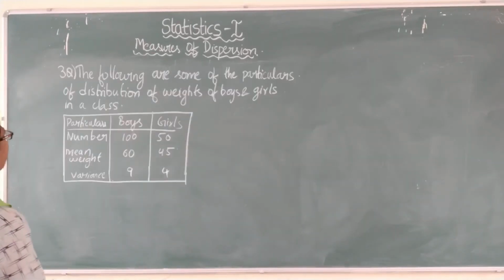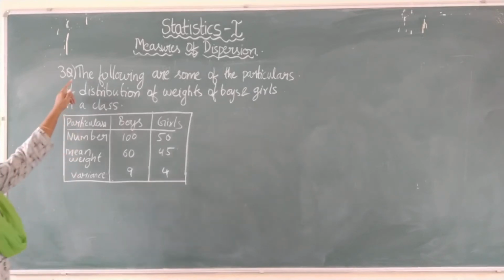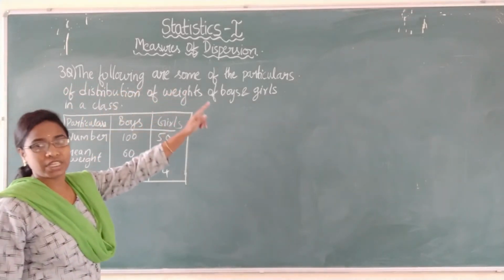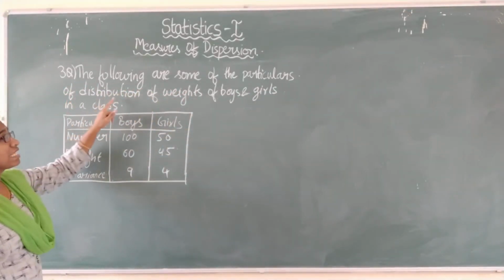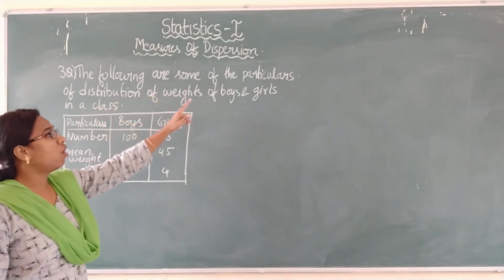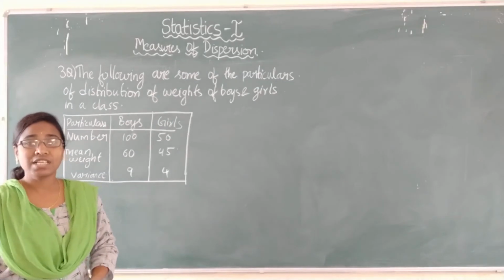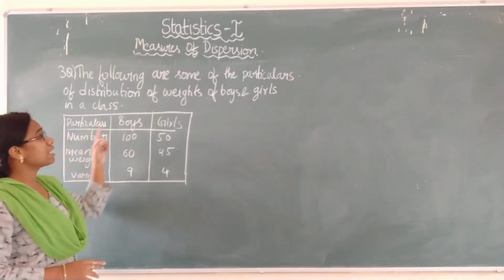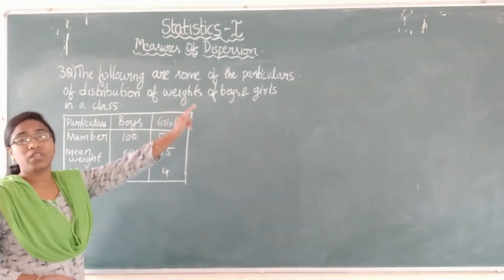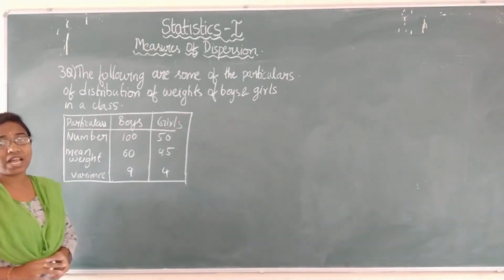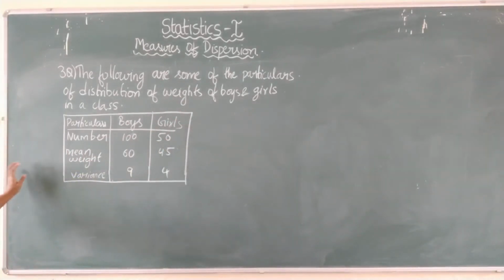Coming to the third question related to the composite series: the following are some of the particulars of the distribution of weights of boys and girls in a class. The different details about the weights of the boys and girls of a class are given.